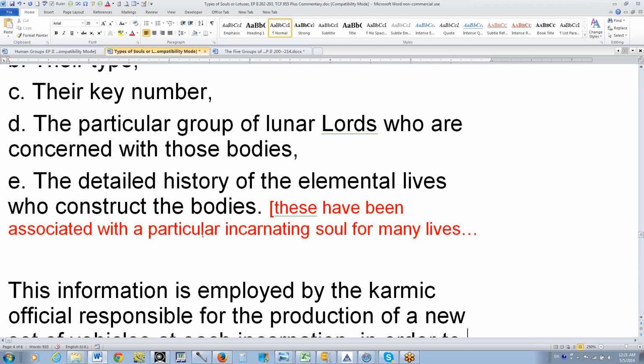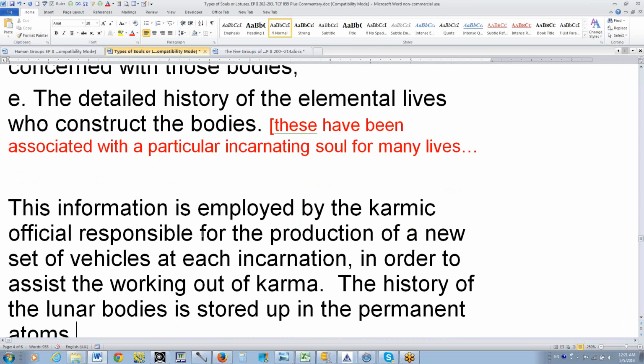This information is employed by the karmic official. It does sound like a great bureaucracy, doesn't it? But of course it has to be operating in a way that is functional on the inner planes, probably different from our own outer bureaucracies. This information is employed by the karmic official responsible for the production of a new set of vehicles at each incarnation in order to assist the working out of karma.